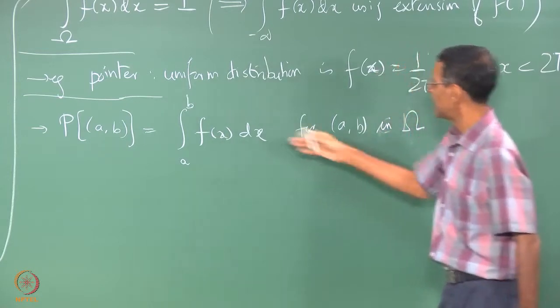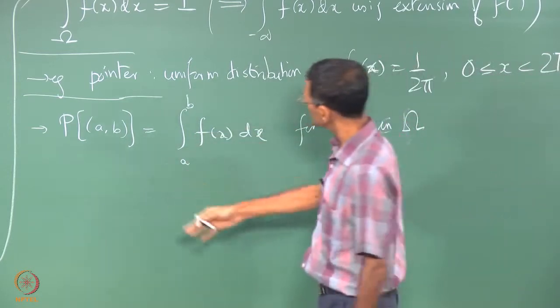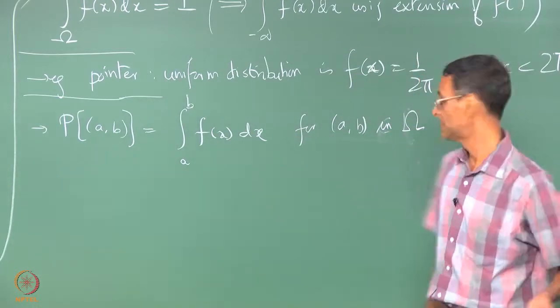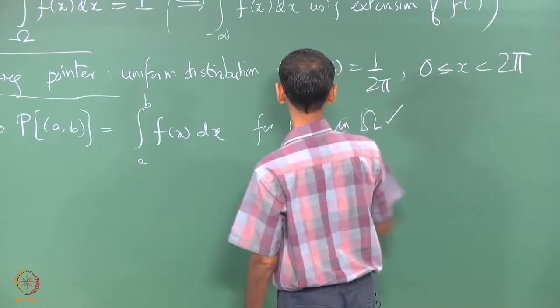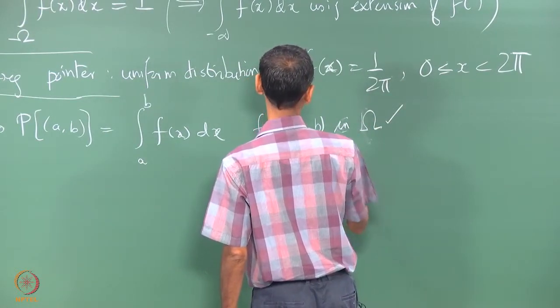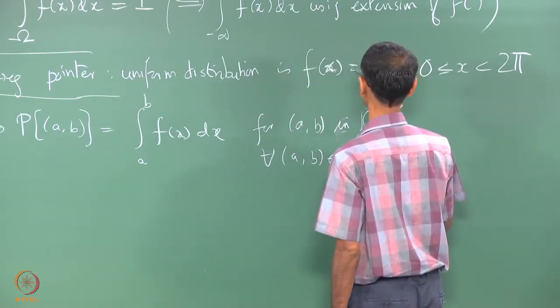But it turns out that using again the extended definition, you can take any 2 points a b on the real line. Definitely this is true for all a b element of R using extension, right.